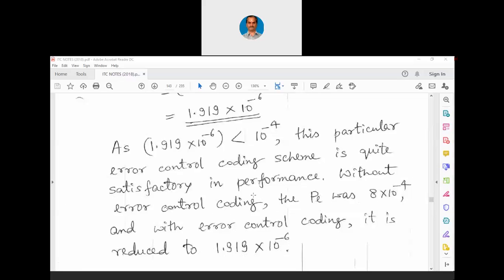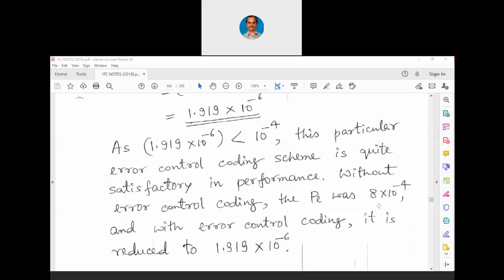So for 1 bit of information, we are adding 2 check bits, and the error is drastically reduced. We can take it as 2 into 10 power minus 6, whereas earlier it was 8 into 10 power minus 4.